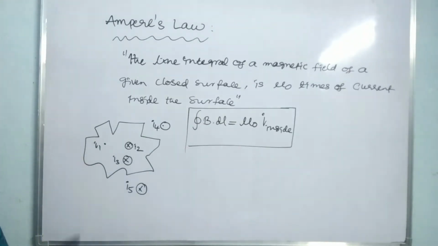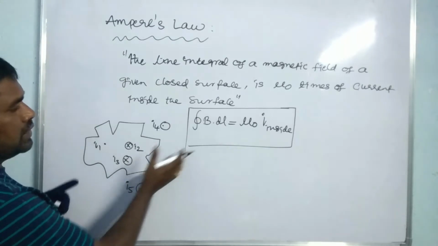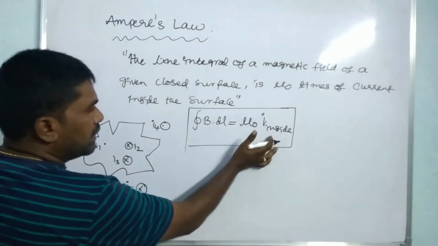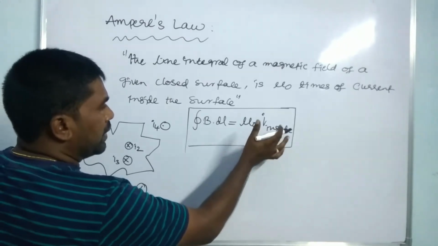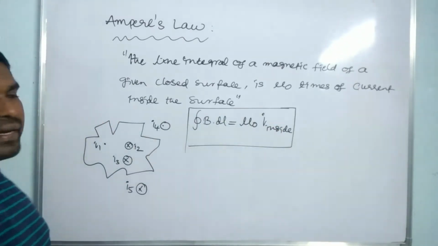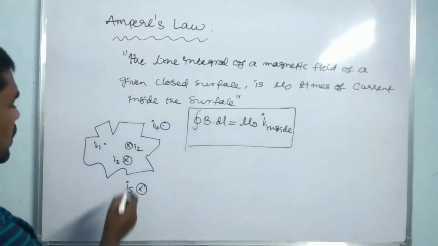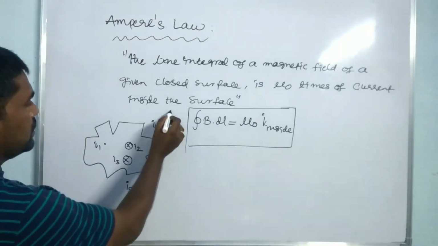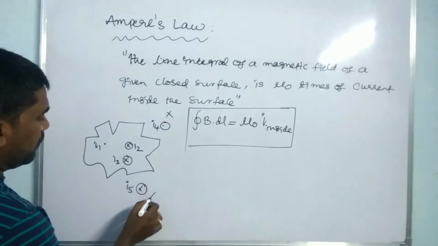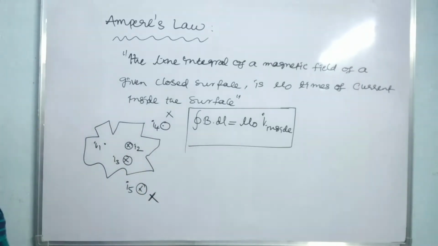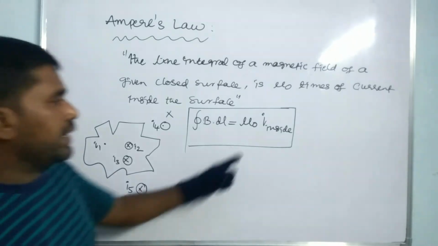Here we have to find, by using Ampere's law, the net current which is valid inside the surface. The outside currents will not be applicable. These two currents are not valid to find the net current.